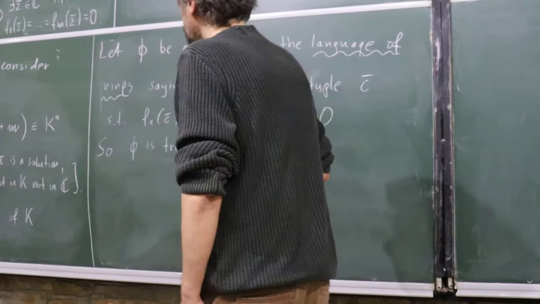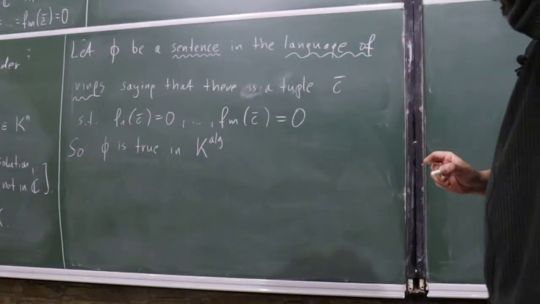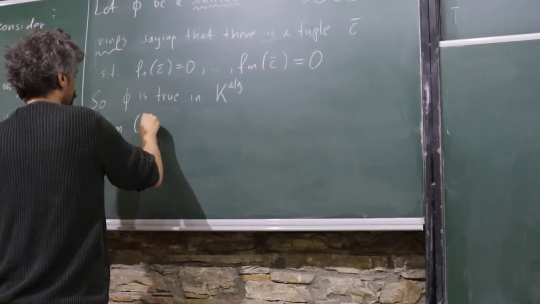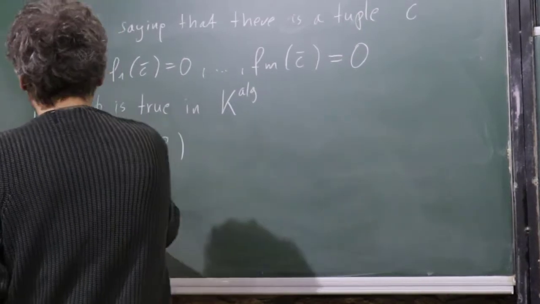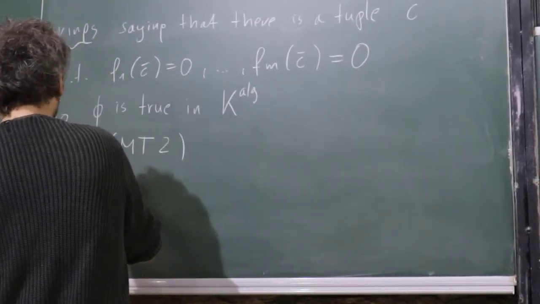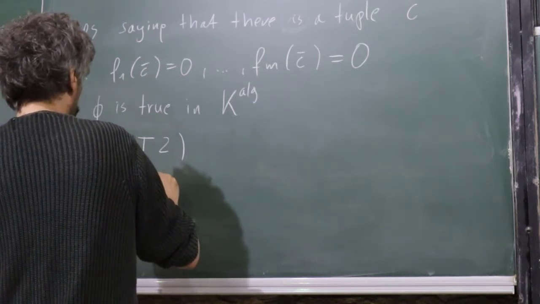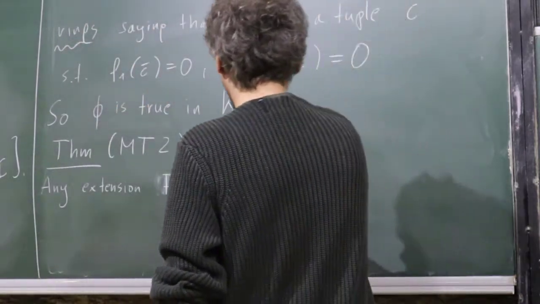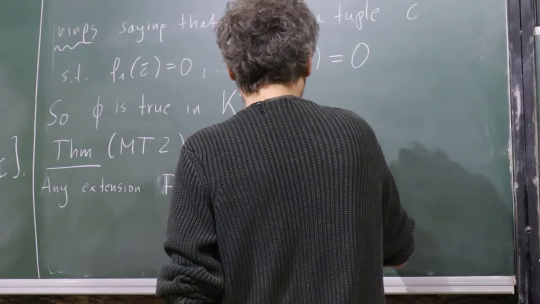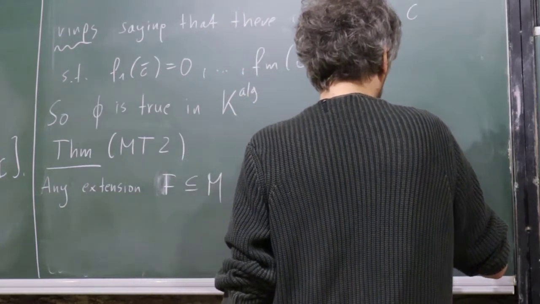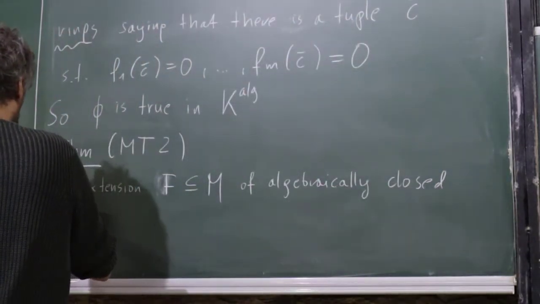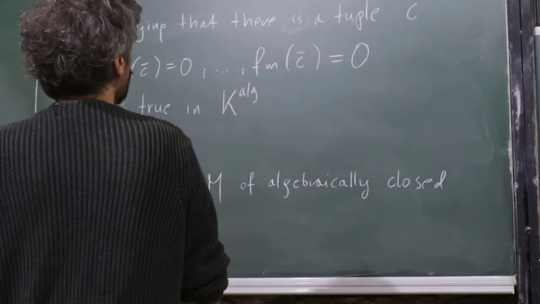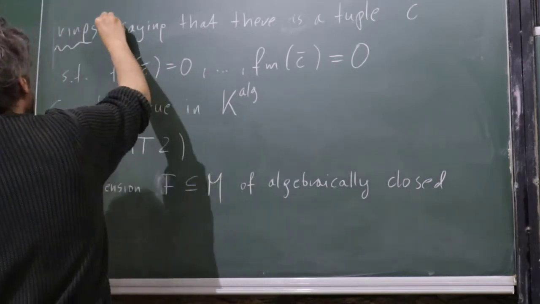So now we have model theoretic theorem number 2, which says that any extension of algebraically closed fields is elementary.